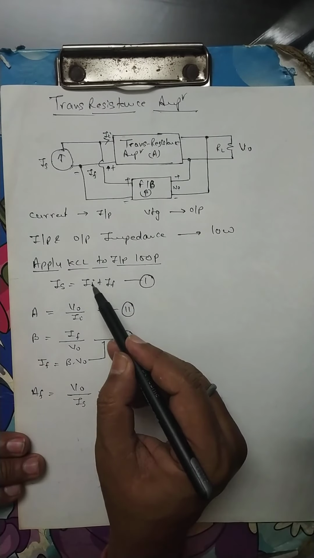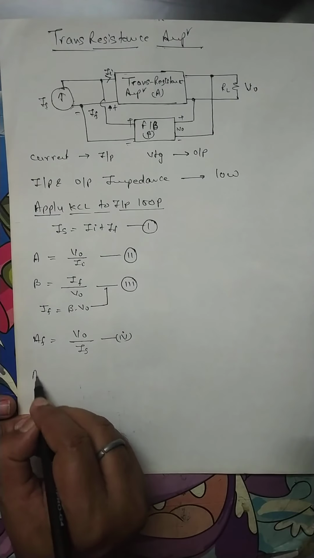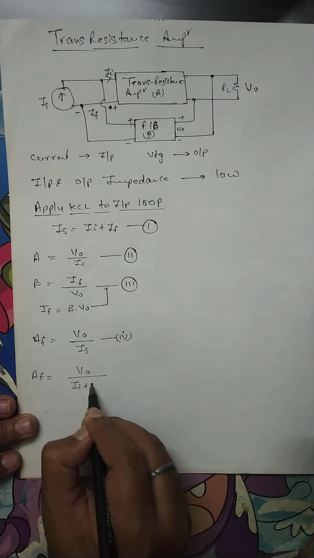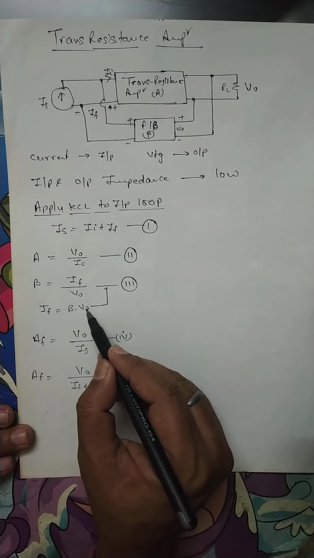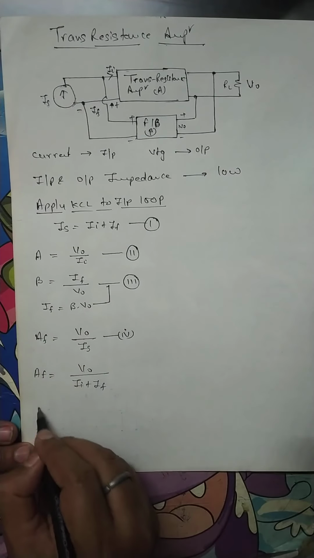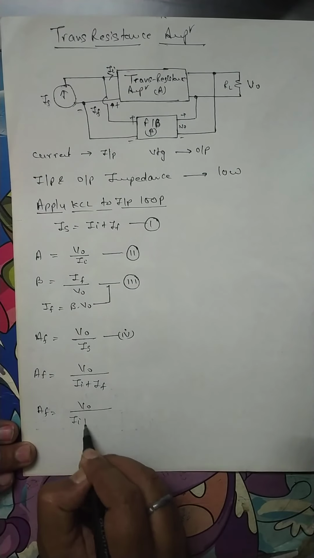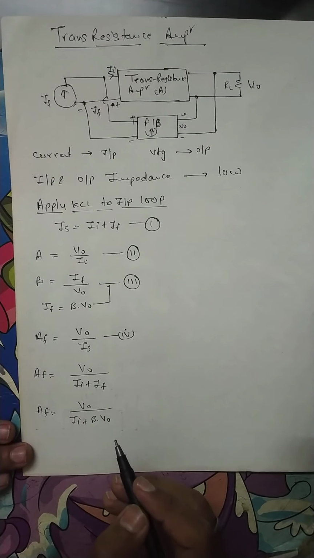Now putting the value of 1 in equation number 4, just see what happens. AF is equal to V0 upon II plus IF, and putting the value of IF is equal to beta into V0 from equation number 3, AF is equal to V0 upon II plus beta into V0.